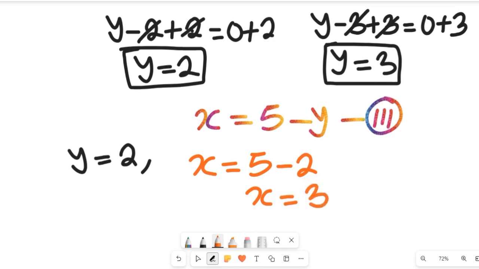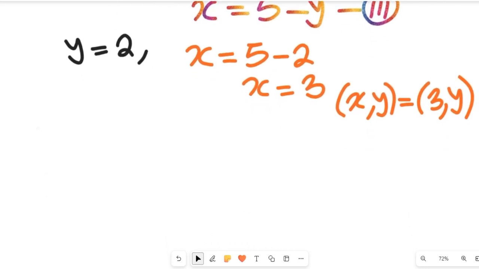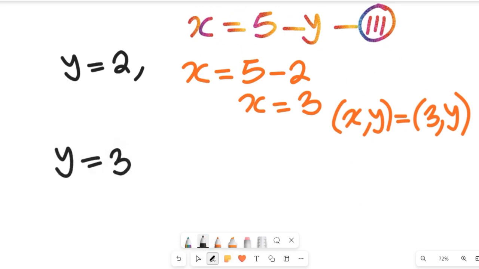So on that expression, we will have our x comma y equal to 3 comma 2. That's the first point on the graph we drew. And on the other side, we will have our y equal to 3, then our x will be equal to 5 minus 3. And what do we have?